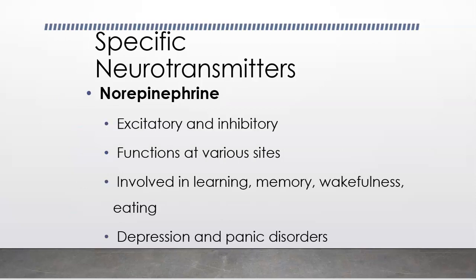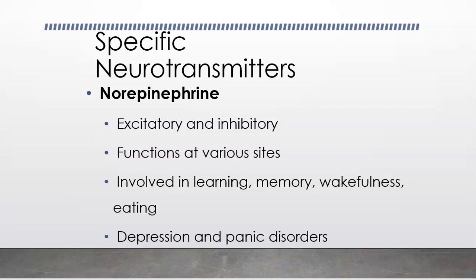The next neurotransmitter we're going to talk about is norepinephrine. Norepinephrine is both excitatory and inhibitory. It can kind of do both. It really just does whatever's needed, and it functions at many various sites in the brain.